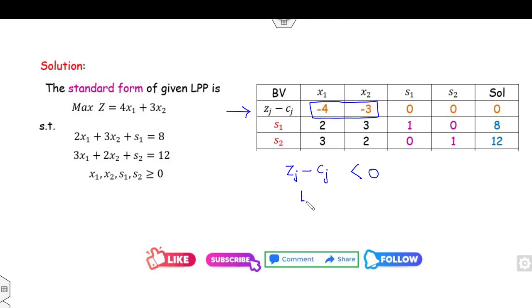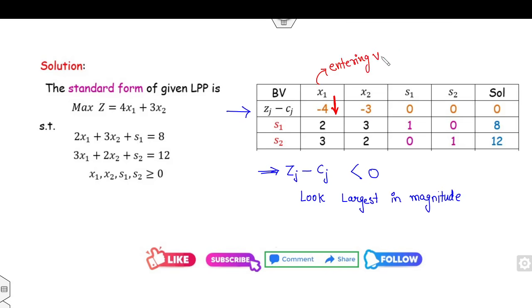And then look at the value which is largest in magnitude, only among those values which have Zj minus Cj less than 0. So what is that? This is minus 4, and this variable is called the entering variable. This x1 is called the entering variable.